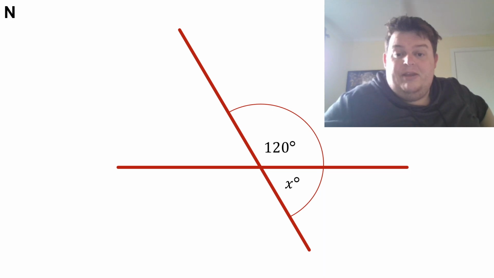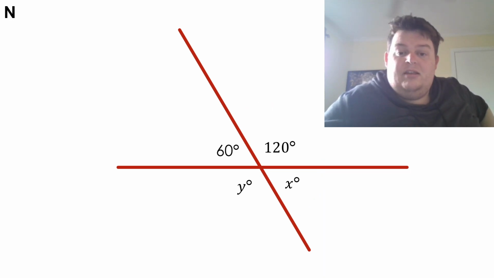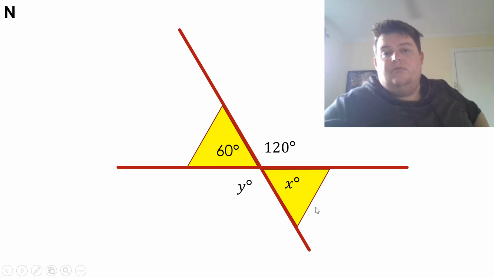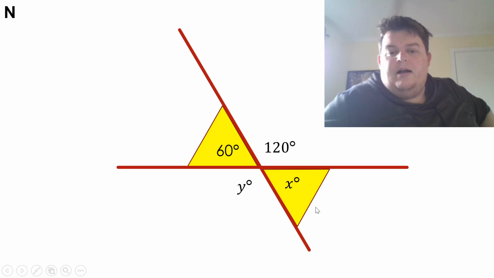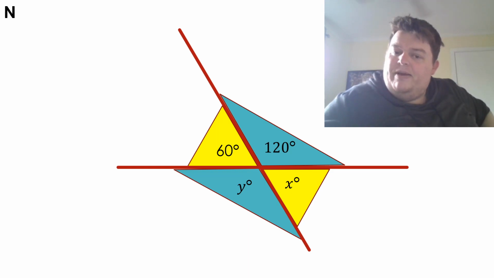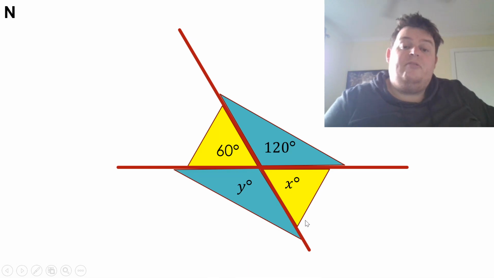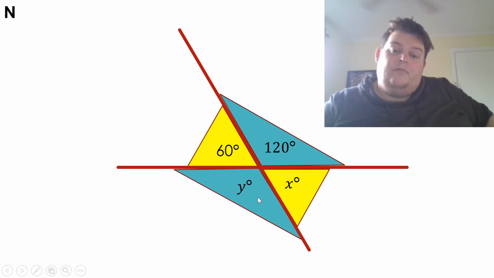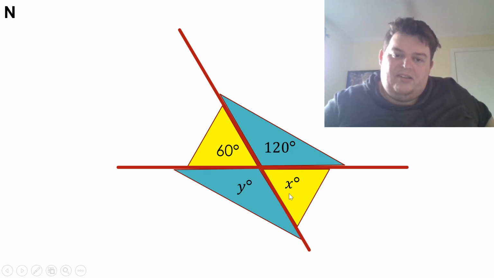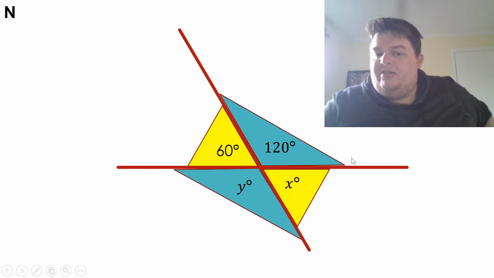So our x has to be 60. So these two angles here, these opposite angles, they appear to be the exact same. Based off that information, we can assume that this y is also the same. Again, if this x here was 60, this y would have to be 120 because this is a straight line.